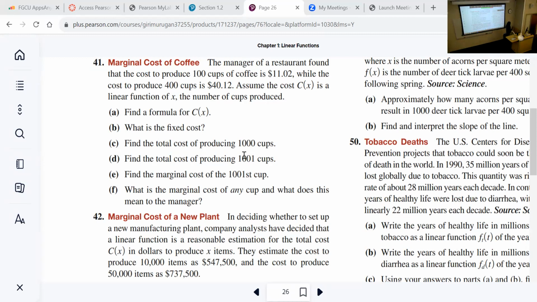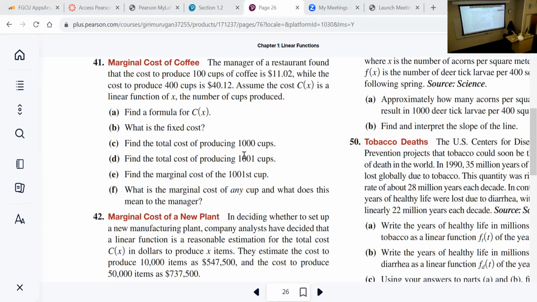What we need is 100 cups of coffee, of course. So when X is equal to 100, what is C of X? Write that down. I will write it again.